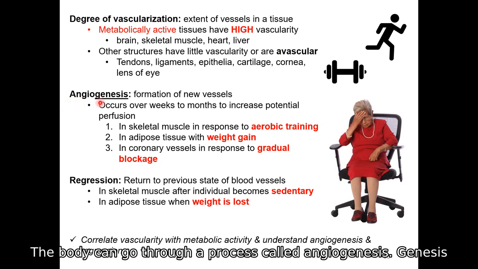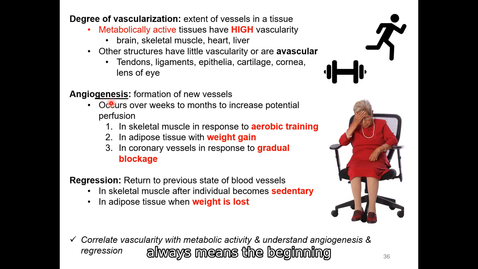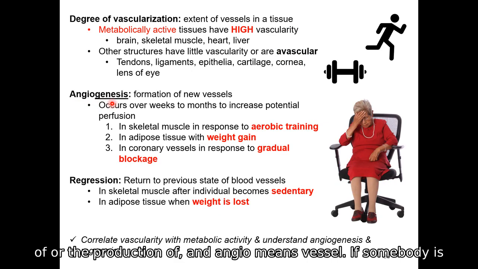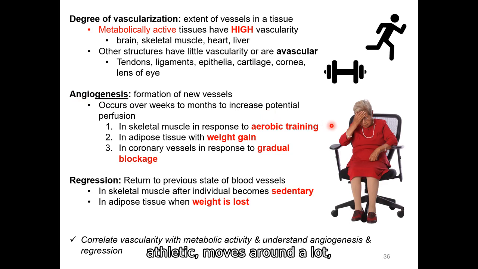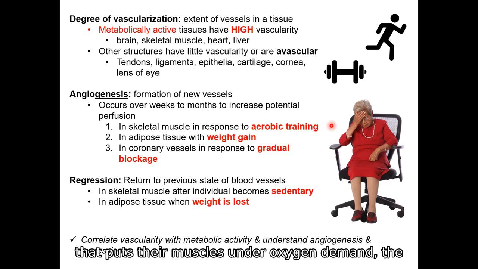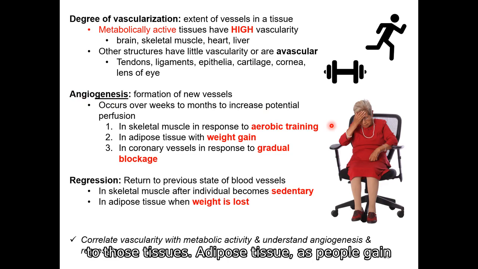The body can go through a process called angiogenesis. Genesis always means the beginning of or the production of, and angio means vessel. If somebody is athletic, moves around a lot, that puts their muscles under oxygen demand, so the body will make more blood vessels to deliver blood to those tissues.